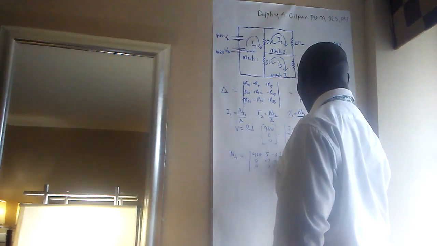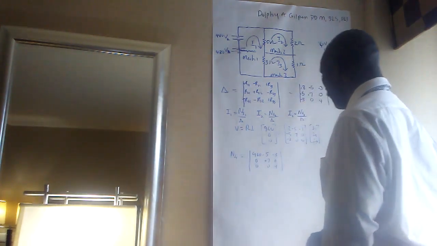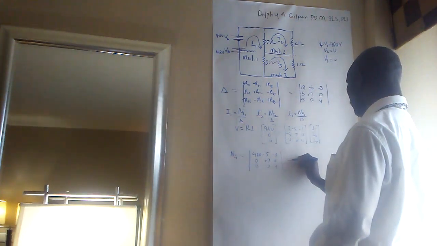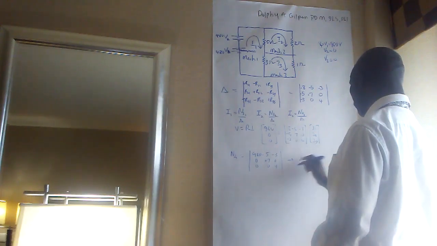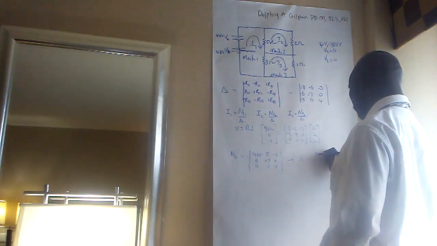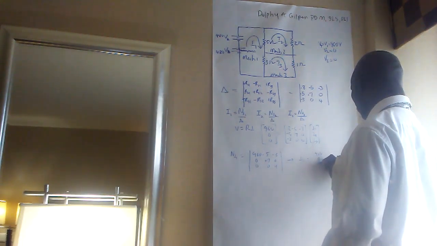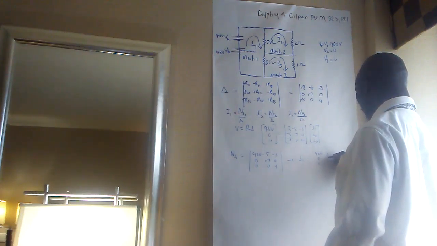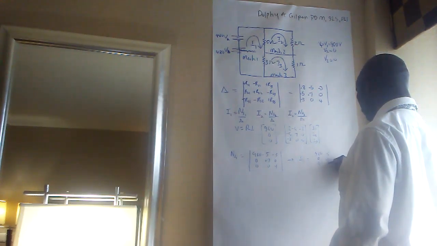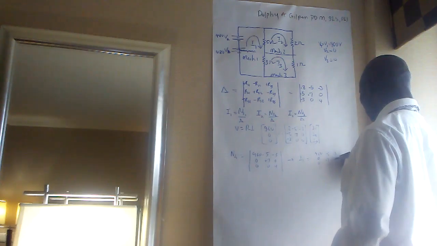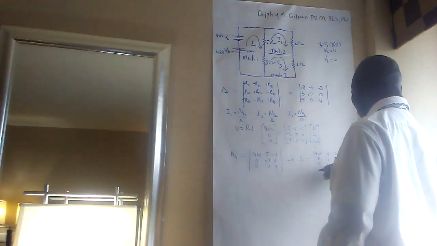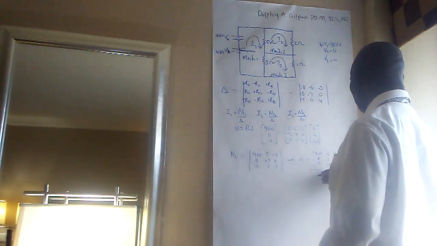And that would be the determinant of that. And as we find Ni1, we now say that I1 was equal to Ni1, which is 96, 0, minus 5, 7, and 0, minus 3, 0, and 4, over the determinant delta.